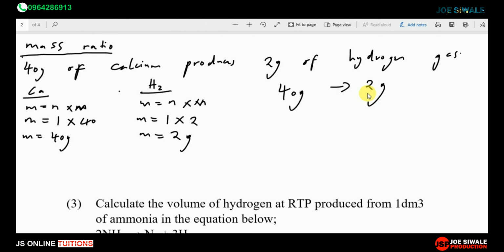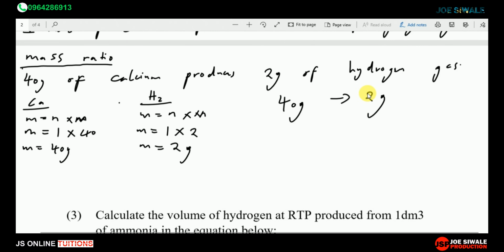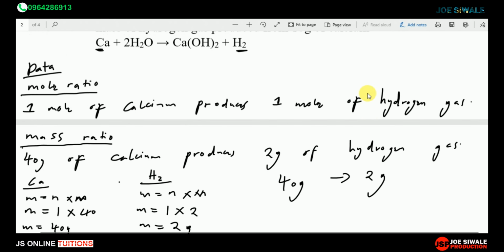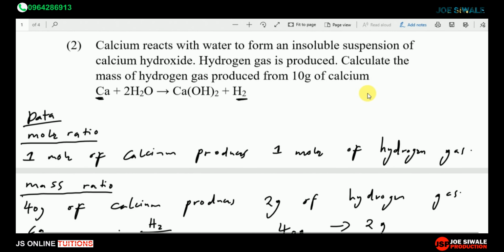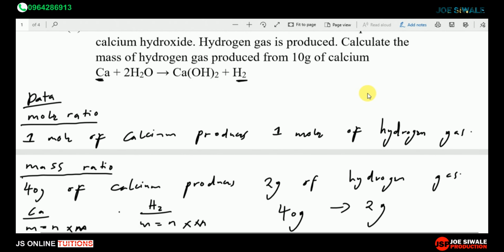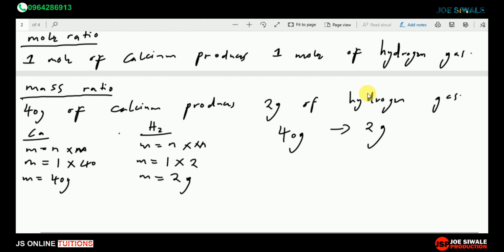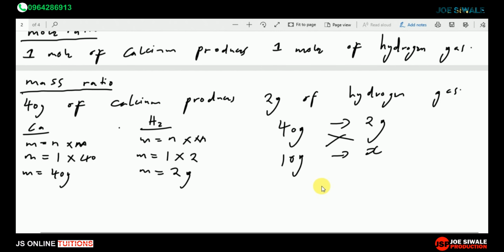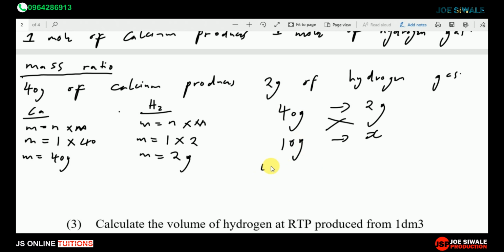What about the mass that we have been given in the question? Then we're going to check the mass that we've been given in the question for calcium. So we have 10 grams of calcium. Then we're going to say 10 grams of calcium will produce x grams of hydrogen gas, and we're going to cross multiply there. Then if we cross multiply, we're going to have 40x is equal to 10 multiplied by 2, which is 20.